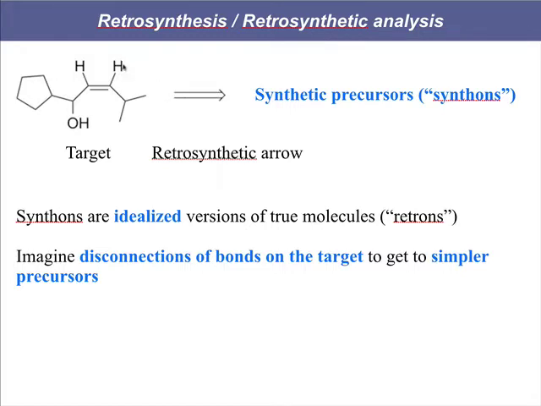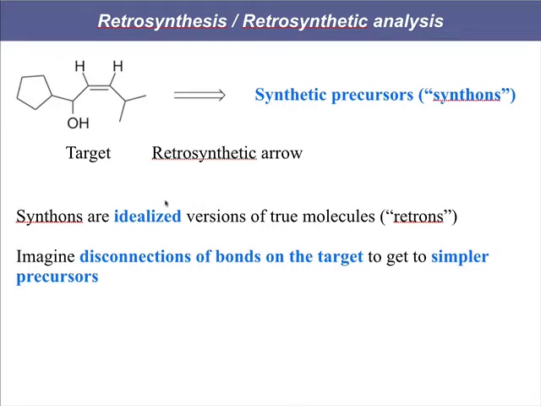And the idea is we're going to take this target and we're going to go backwards to some synthetic precursors that we're going to call synthons. These synthons are idealized versions of real molecules that we're going to call retrons. So this is some jargon, synthons and retrons.